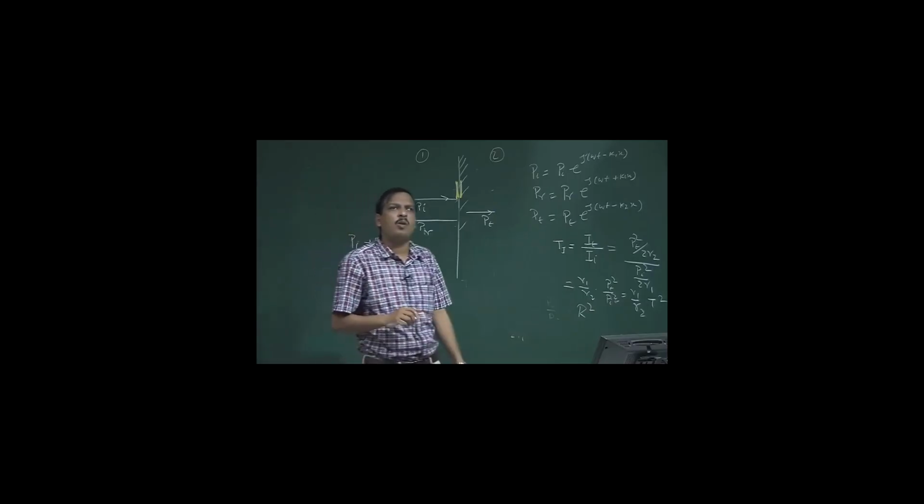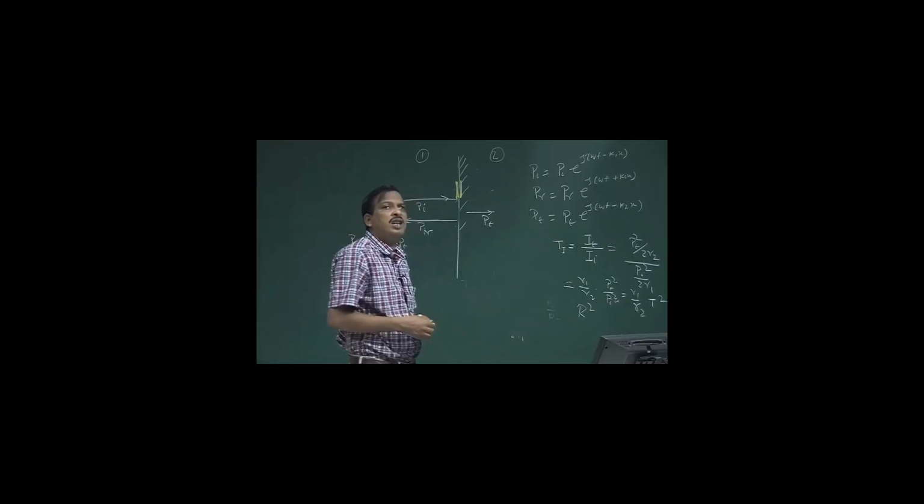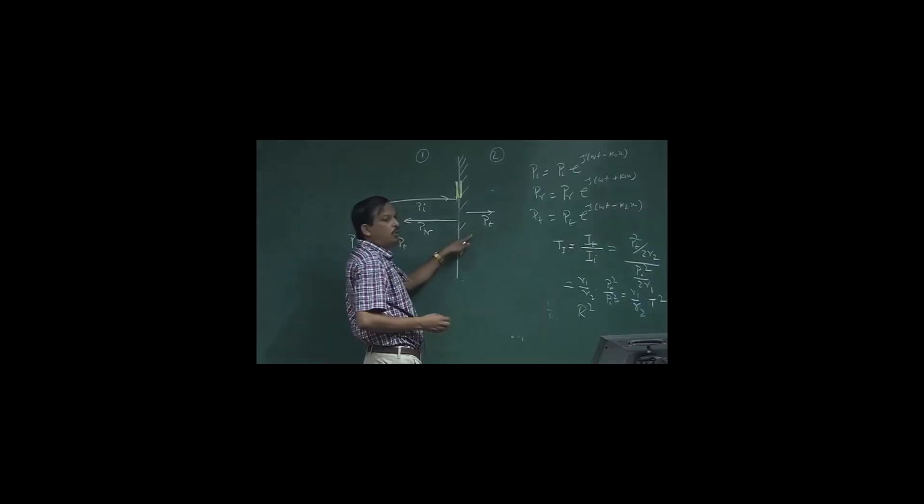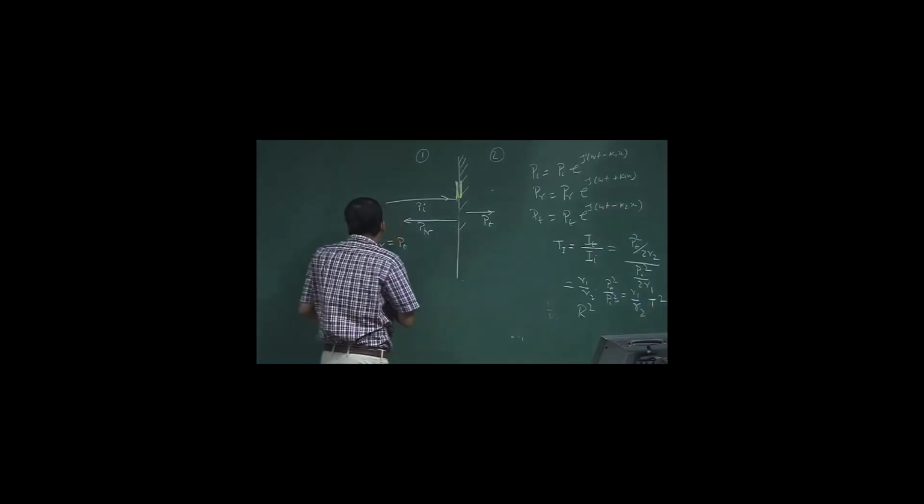This is condition number 1, and condition number 2 is the normal component. The normal component of the particle velocity on both sides of the boundary must be equal. So, I can write Ui plus Ur should be equal to Ut.